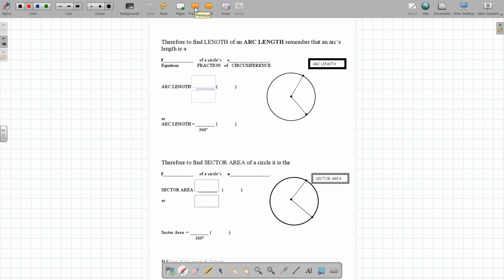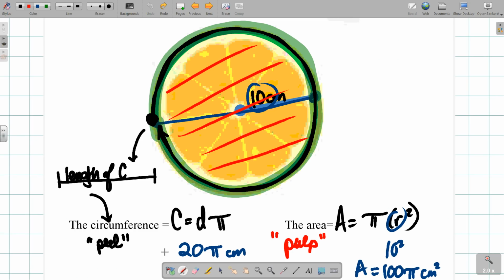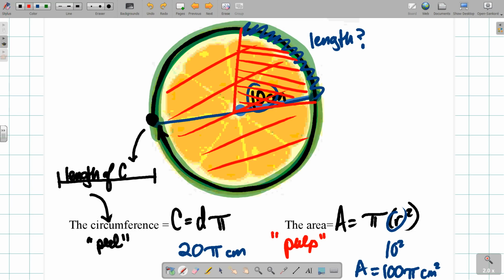What we're going to be learning is, what if I only wanted a length of the peel, a small section, like the length of that small section of peel, or the area of this wedge. If I wanted the actual length here, we call that arc length.